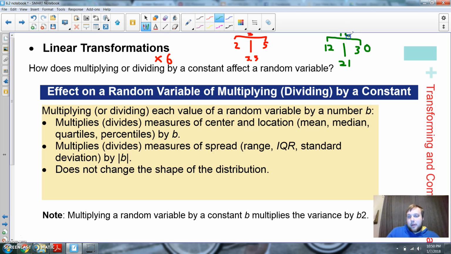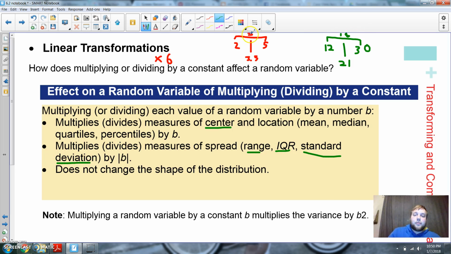Now what happened when I multiplied? What changes? Well, the center will be multiplied, right? And your range, your IQR, your standard deviation also is multiplied, right?